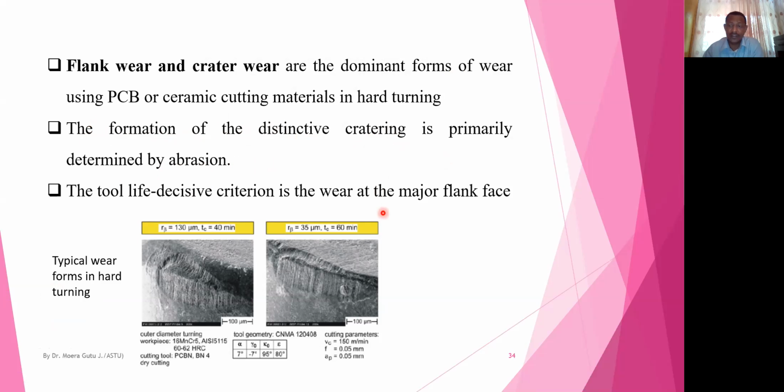When very small chips are eroding the surface, flank wear can form. The tool life is decided by the wear of the major flank face of the tool. It is the flank wear on the cutting tool. These are the rake angles. These are the cutting process parameters used.